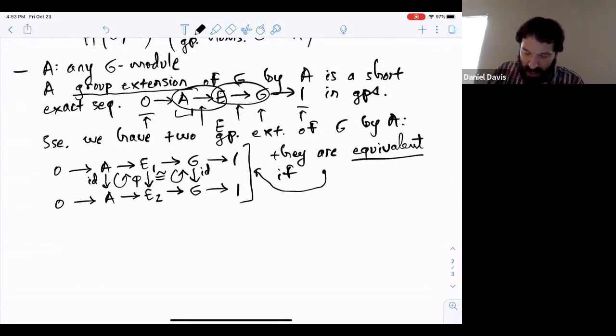Okay, and so here's a classical theorem.